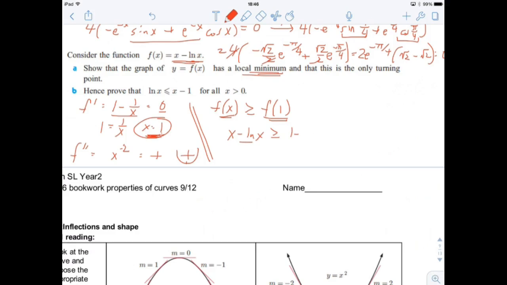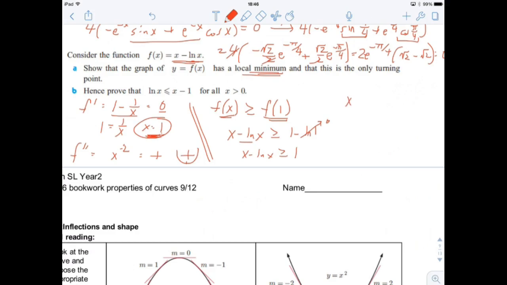So 1 minus the log of 1. The log of 1 is 0. So x minus log of x is greater than or equal to 1, because log of 1 is 0.